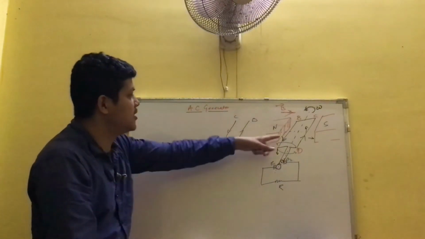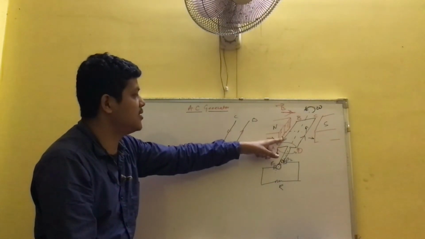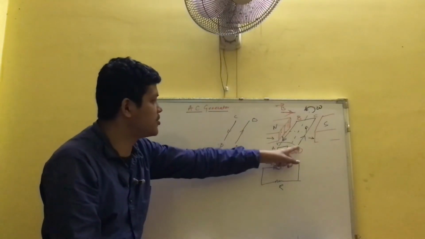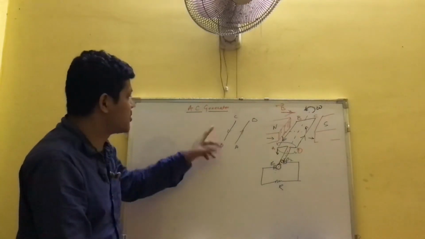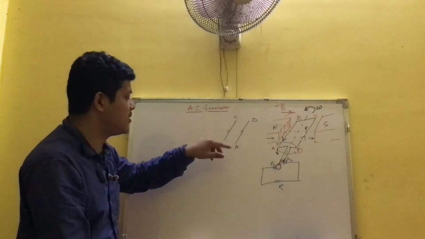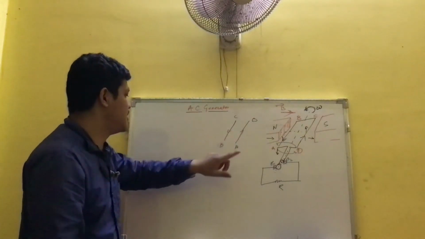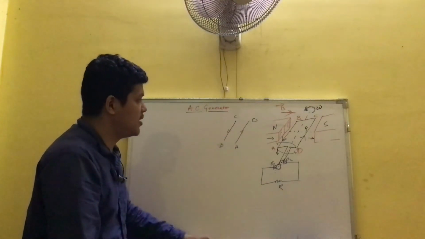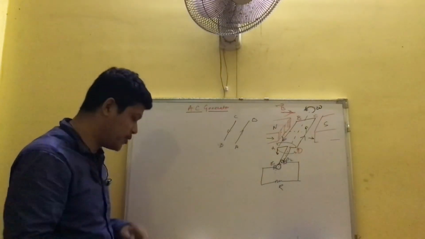So here in AB, in the first situation, the induced current is in this direction, and when AB goes to that side, the direction changes, and so on. It will rotate this way, and as the direction of the current is changing after every half cycle, the current produced will be alternating. So I hope you have understood this.